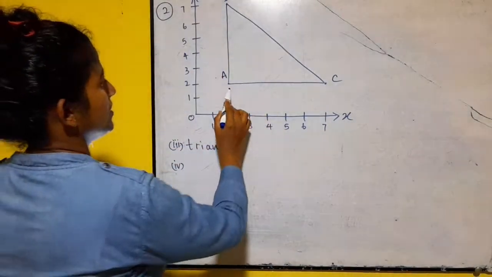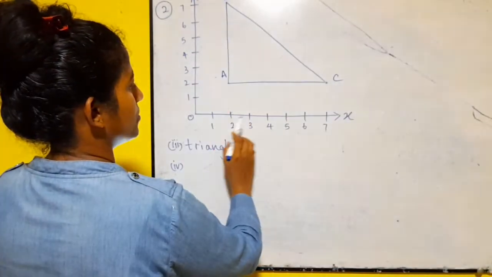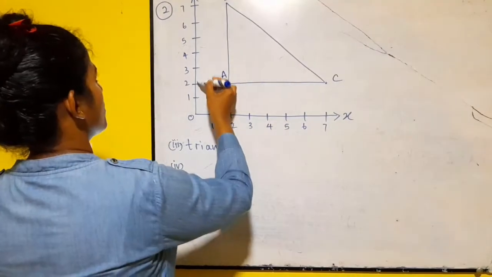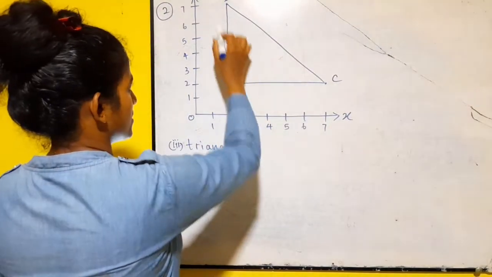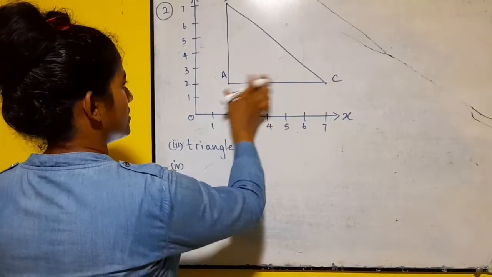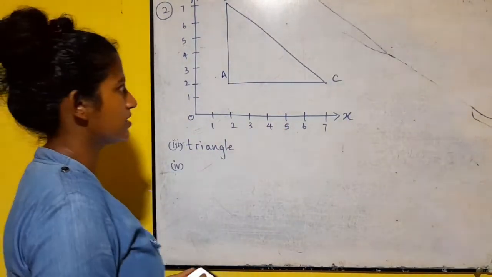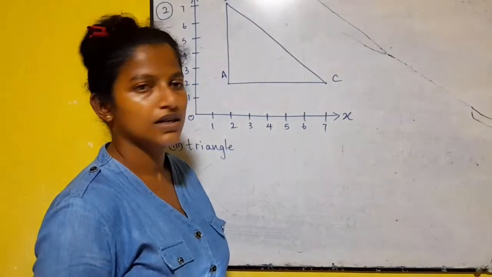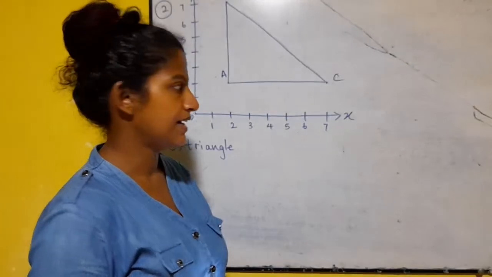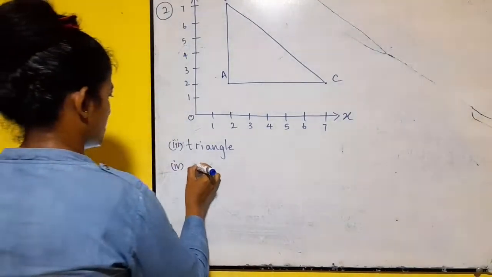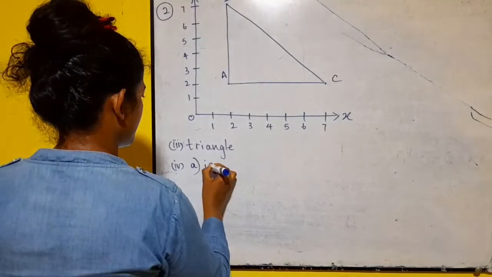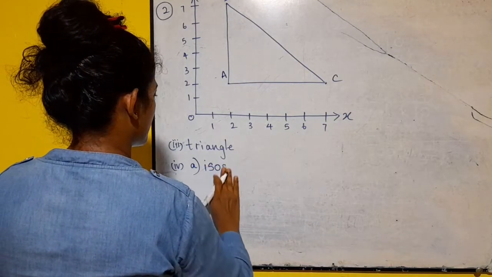According to the sides, this distance is 2 to 7, and this one is also 2 to 7. So these distances are the same. So this is an isosceles triangle, because if in a triangle 2 sides are equal in length, we call it an isosceles triangle. First answer, isosceles.